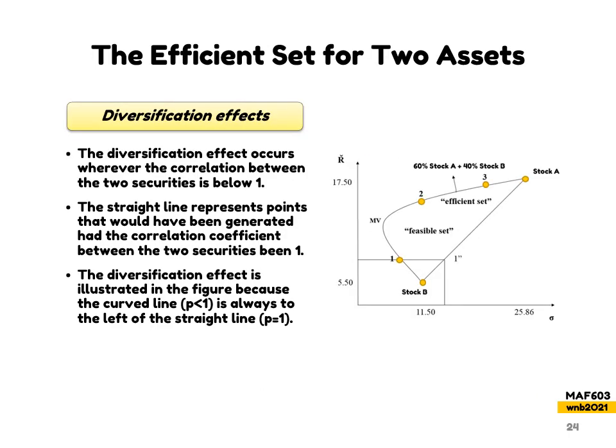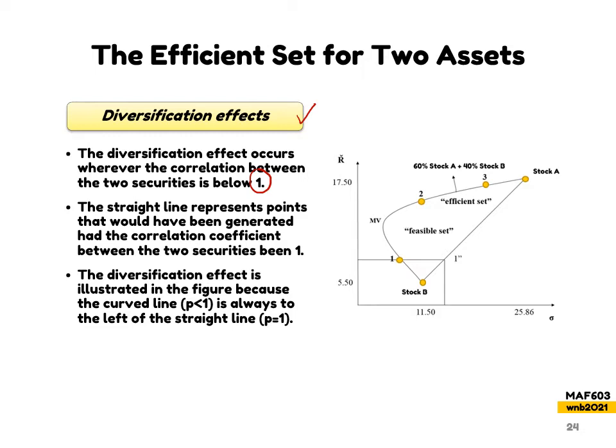The first thing that we can learn from this diagram is the diversification effect. We know that diversification occurs whenever the correlation between two securities is below 1. Before this, we learned that we suggest investors diversify their investment, not put all their money in just one individual asset.